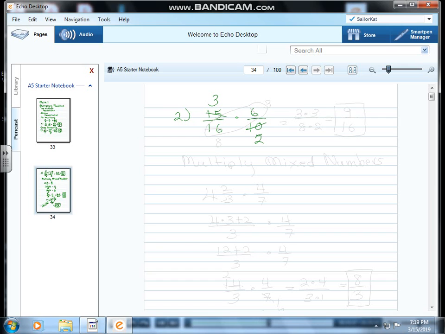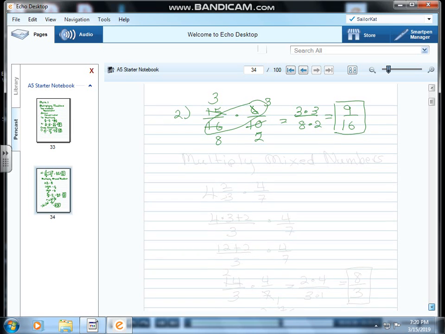Now looking across at 6 and 16, I know that 2 can go into both of them. They're both even. So 2 times 3 is 6, and 2 times 8 is 16. Now, not to confuse myself, I'll write what I have left. And I get 9 over 16, so it is completely simplified.